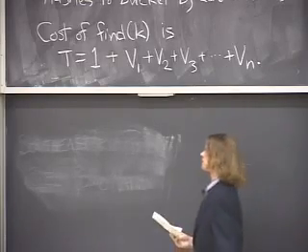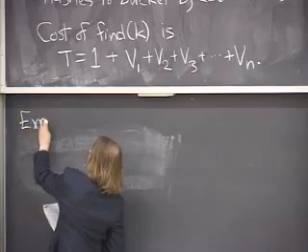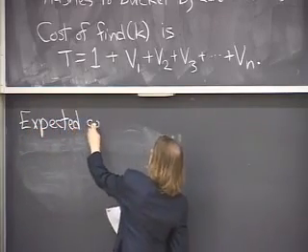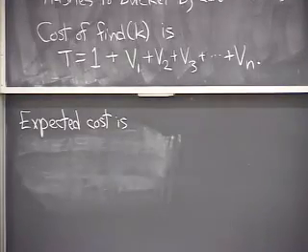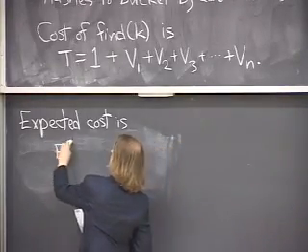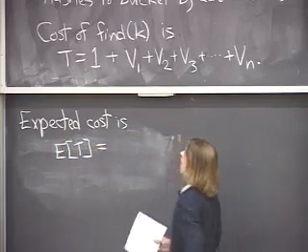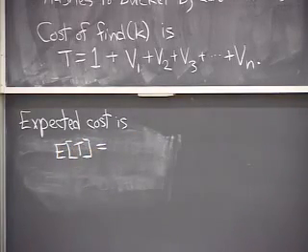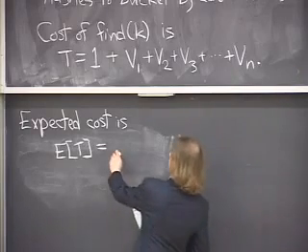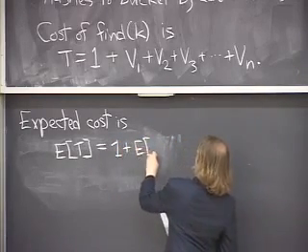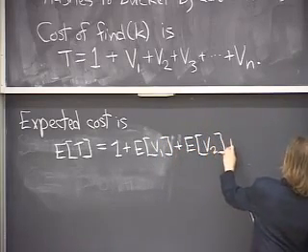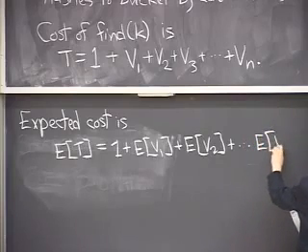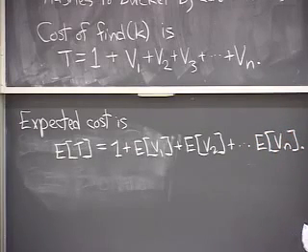So the expected cost of find K is, we write it as E[T]. The way we figure that out is linearity of expectation, which says this is 1 plus the expected value of V1 plus the expected value of V2, and so on.